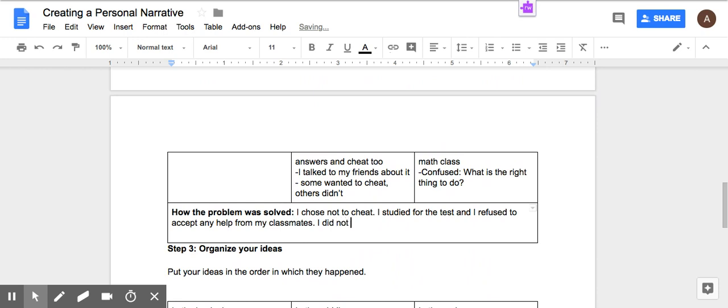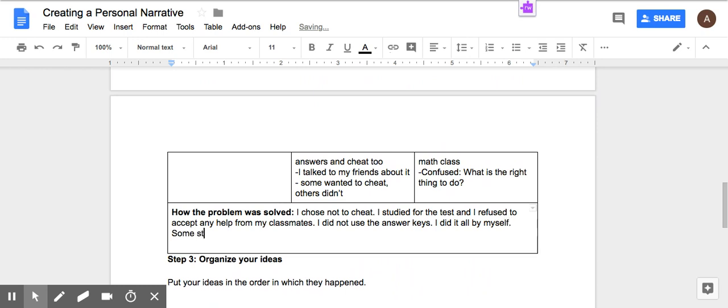I did not use the answer keys. I did it all by myself. So in the end, some students cheated and got higher scores, but I didn't cheat, and I still got a good score.